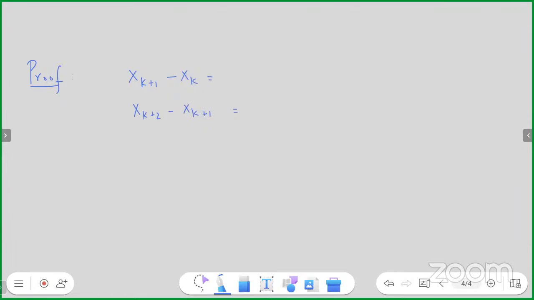This quantity is nothing but, before optimizing, minus alpha k times the gradient at xk. Similarly here, alpha k plus 1 times the gradient at xk plus 1. I'm just rewriting the updates.